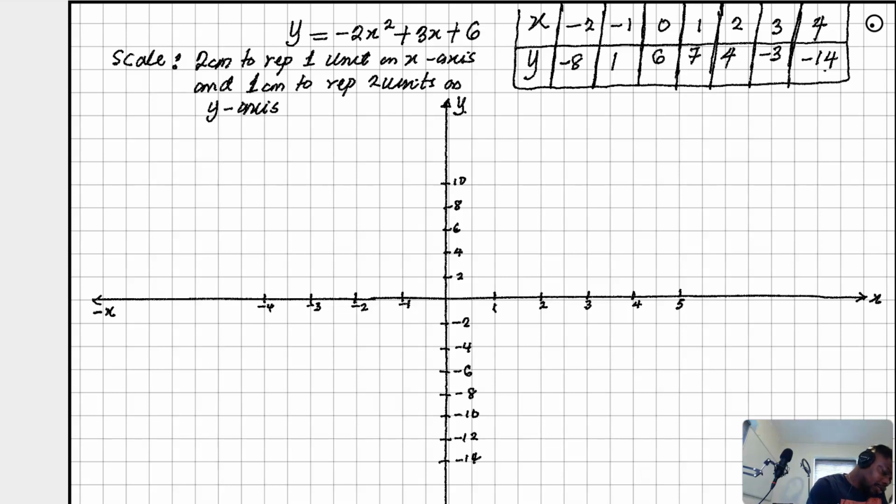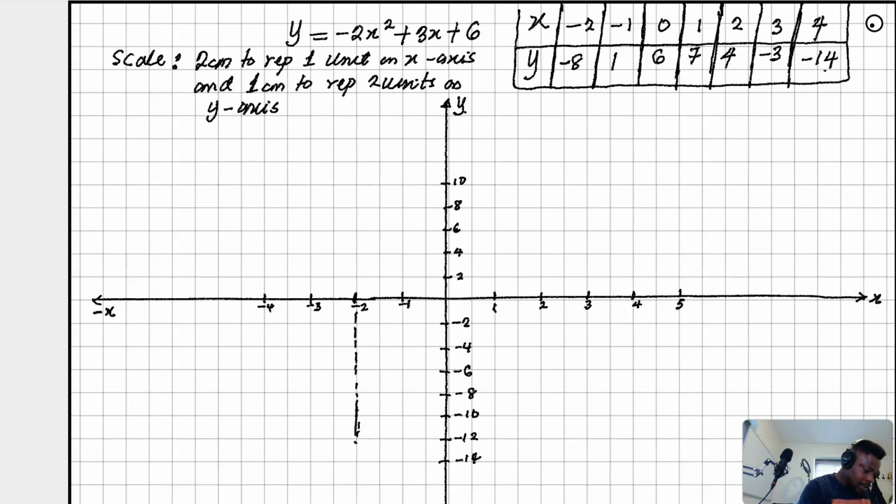When x is minus 2, that is here, y is minus 8. So we just trace our minus 2 to y minus 8.